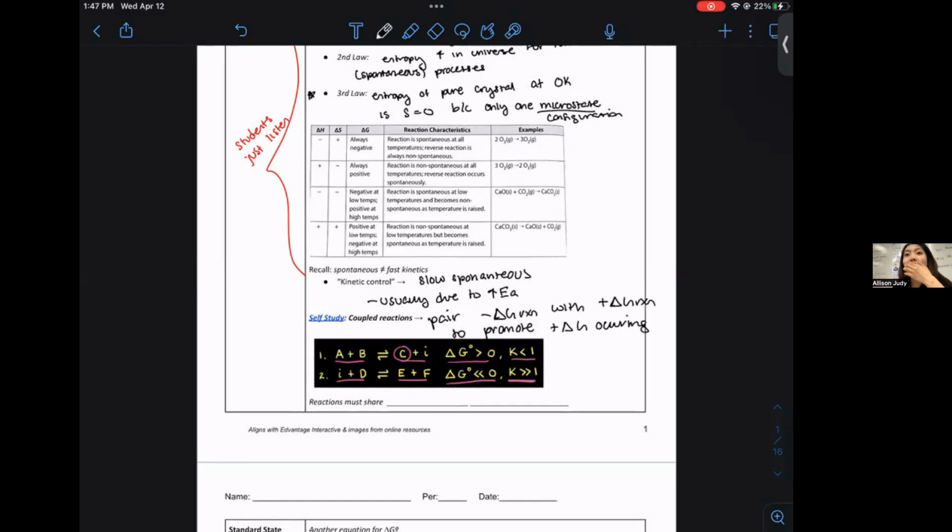It's kind of like drag racing. When you get the draft, you go behind the car in front of you and you can pick up their speed. The same idea here. If we partner one favorable reaction with an unfavorable reaction, we can often give that unfavorable reaction a greater favorability as a result. It's just kind of like a boost.